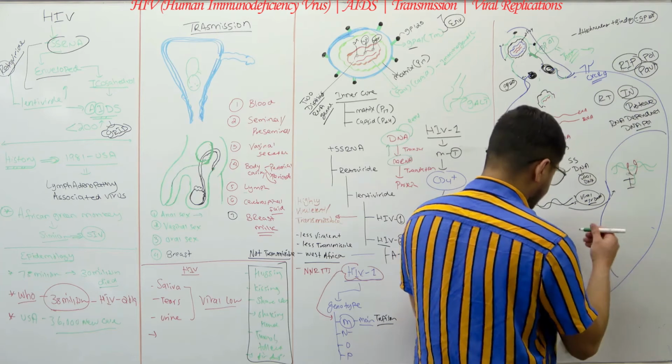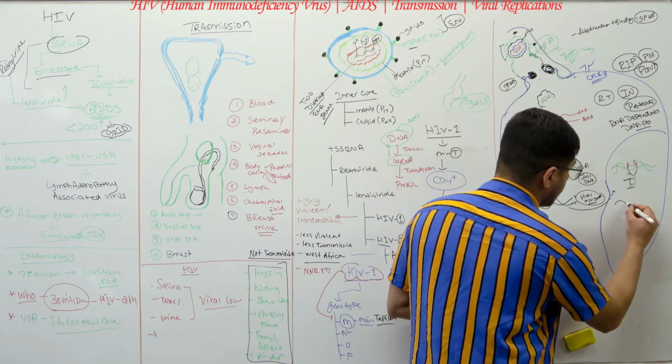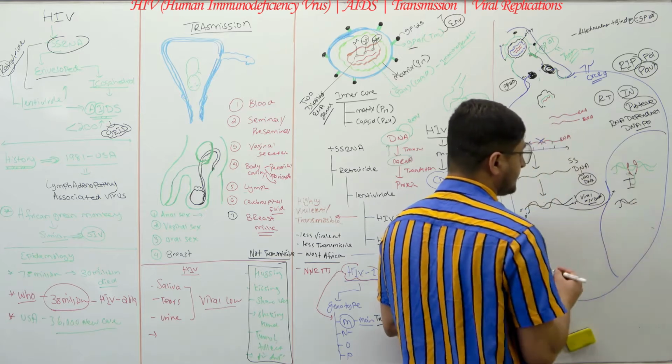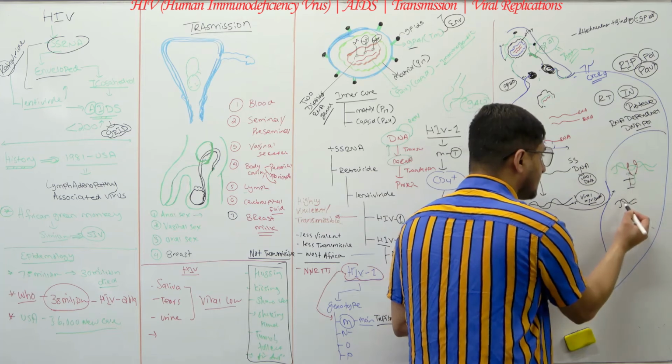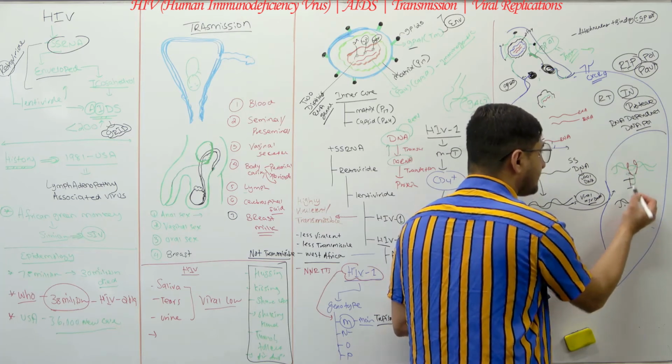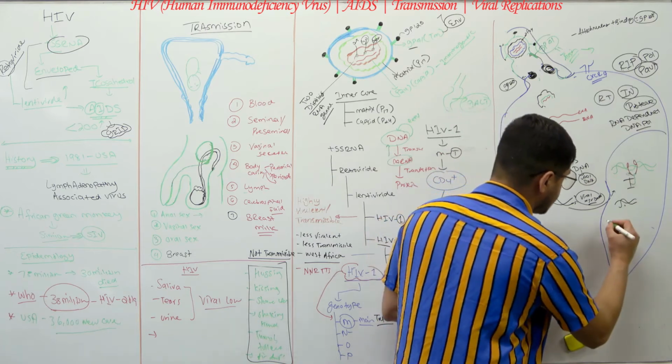Let's say your viral DNA is the black one. It gets a nick, and it inserts this viral DNA into our DNA, right? When it creates a nick, it looks something like this.